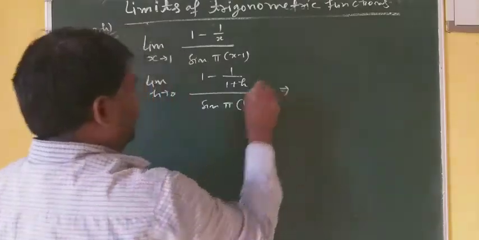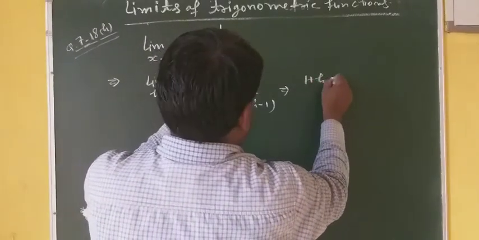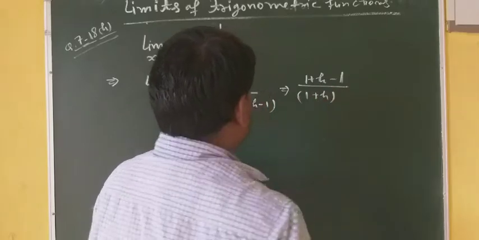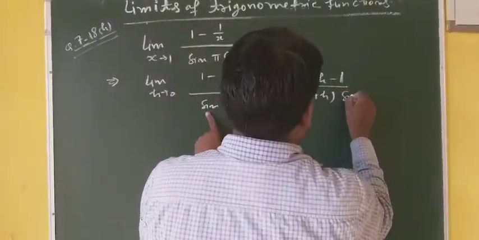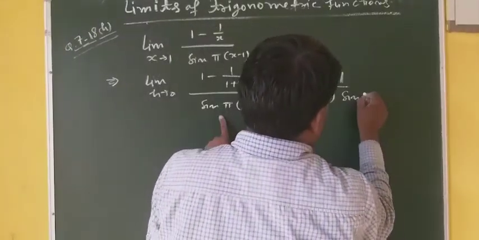Taking LCM, 1 plus h minus 1 upon 1 plus h, and in the bracket sin, the 1 cancels out, so pi h.